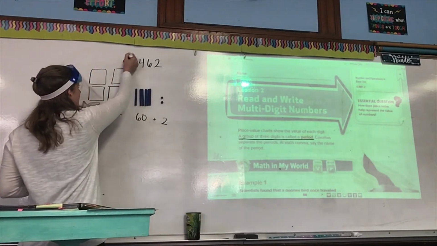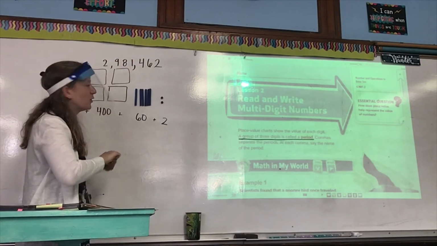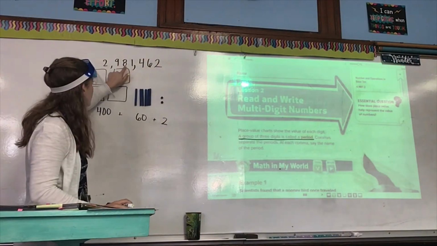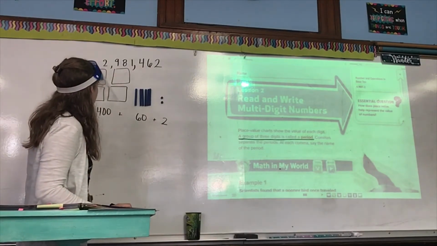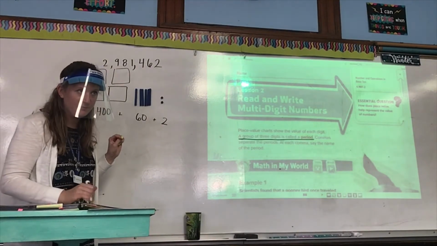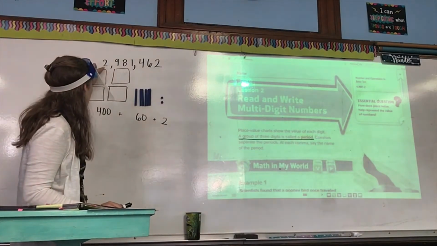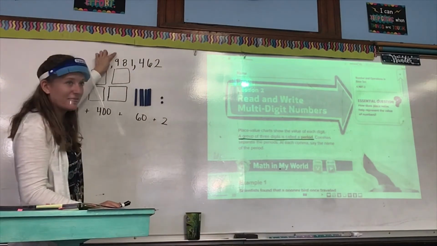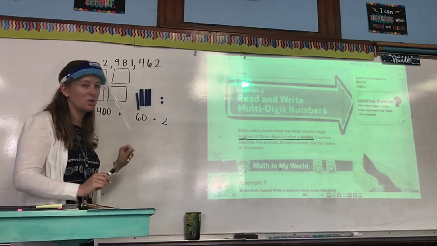If we made 2,981,462, we have 1, 2, 3, comma, 1, 2, 3, comma, and if our number kept going, we would keep going 1, 2, 3, comma, and so on. Every time you go to a comma, you say the name of the period. 2,981,462, no comma, no period name.